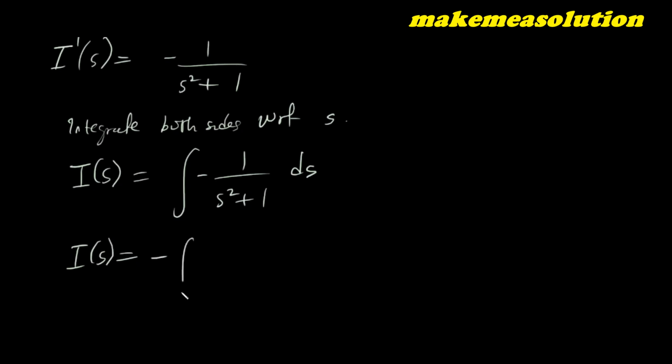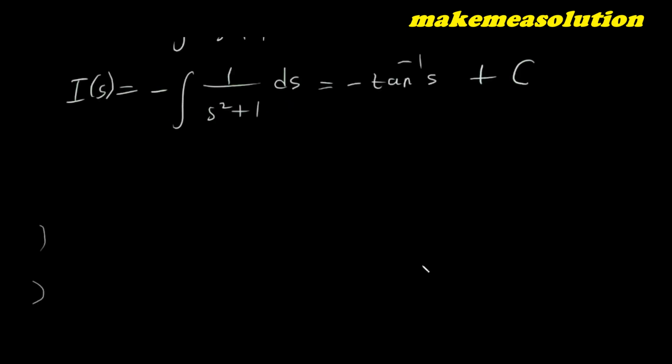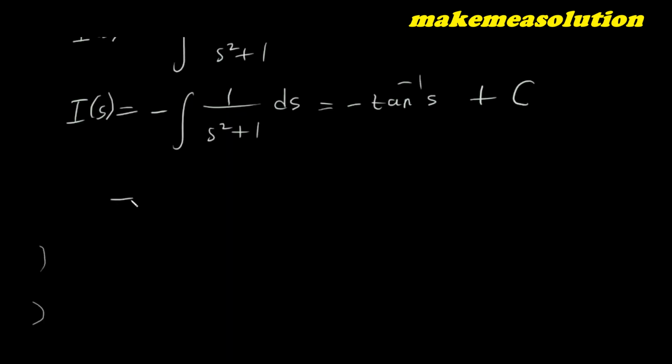This is minus the integral of 1 over s squared plus 1 ds. And if you remember your standard integrals, this is minus tan inverse of s plus my constant. The derivative of tan inverse of s gives me 1 all over s squared plus 1, in case you forgot. So at the end of the day, our I of s is just minus tan inverse of s plus c.